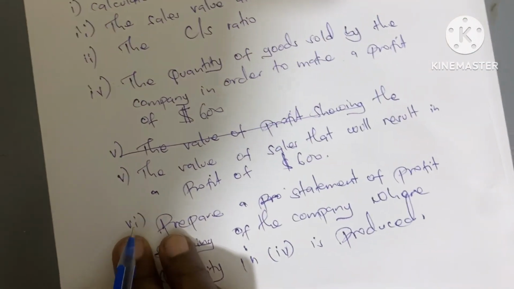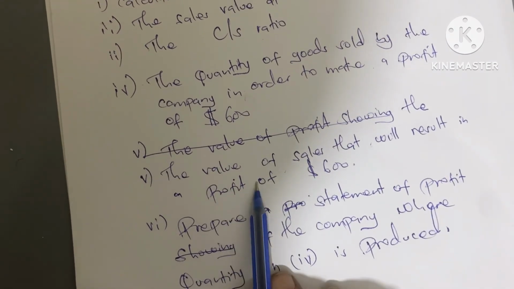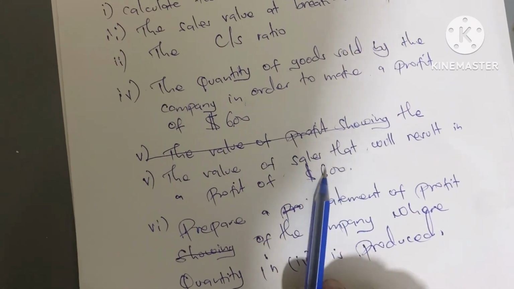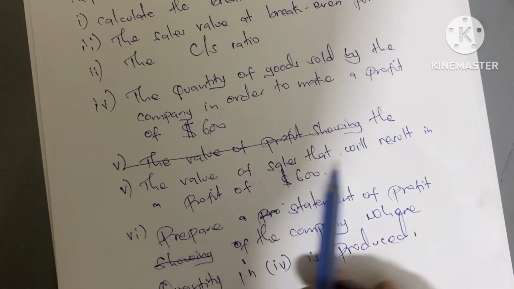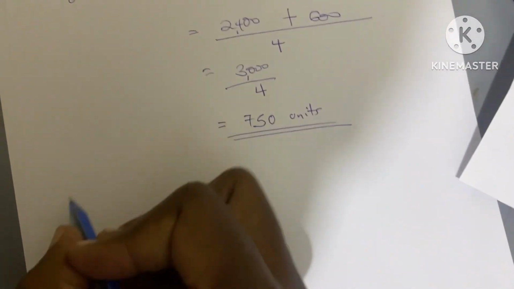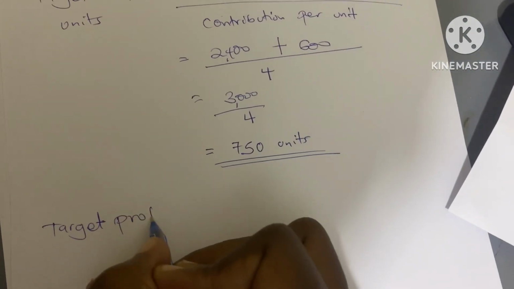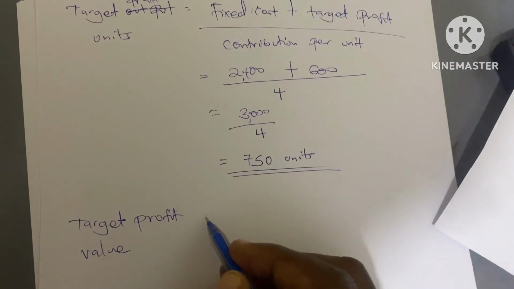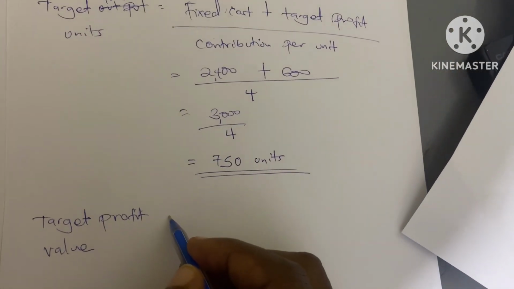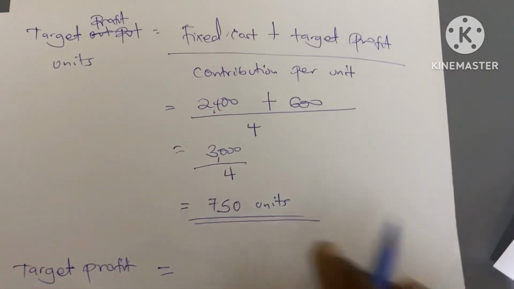Then the next part, they want us to determine the value of sales that will result in a profit of 600. So this is like they want target profit in terms of value, the value of sales at least. So target profit, but in terms of value, so how do we calculate for this?